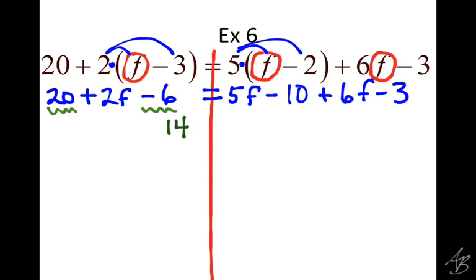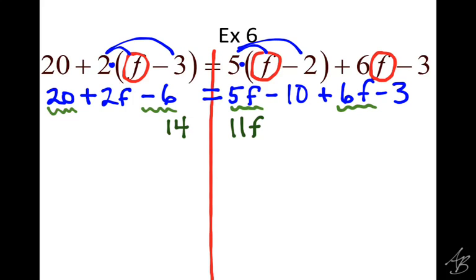What like terms do we have over there? 5f and 6f. Those are both positive, so what is 5f plus 6f? 11. 11 what? 11f? We did add f's together, right?